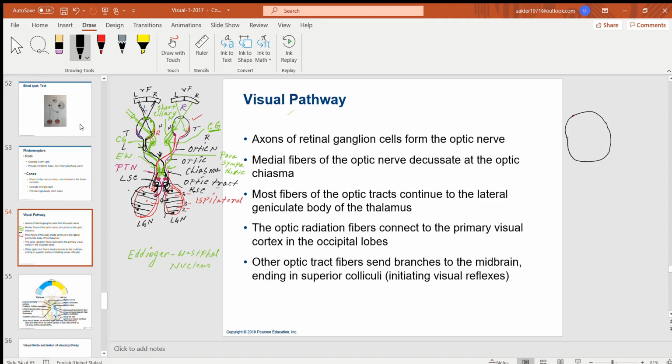This is the cornea, and I'm only drawing the choroid, the middle layer that forms the ciliary muscle. So this is the ciliary muscle.